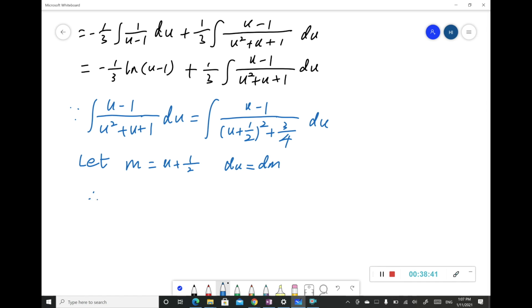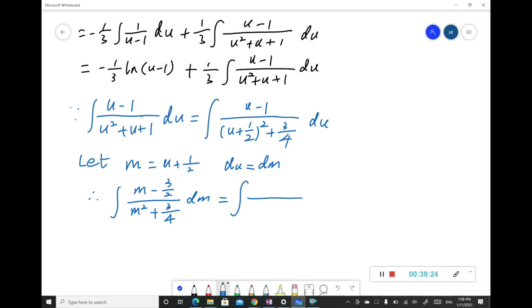And the equation we can write as m squared plus 3 divided by 4, and the numerator we could change to m minus 3 divided by 2, dm.